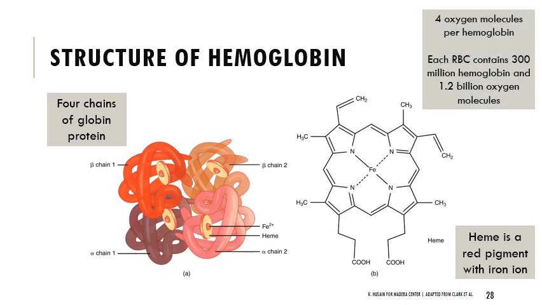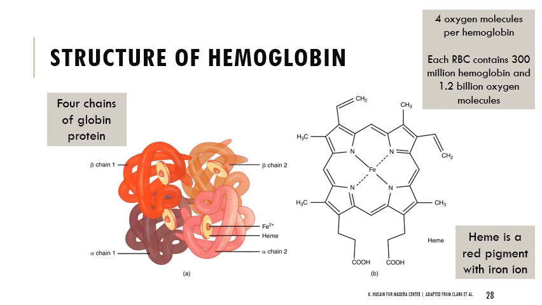Each heme pigment within the hemoglobin protein can carry 1 oxygen molecule, and because there are 4 of them, it can carry 4 oxygen molecules overall. Within each red blood cell, you have about 300 million hemoglobin if it's a healthy red blood cell, as long as you don't have a condition like sickle cell anemia or thalassemia, which lead to problems with hemoglobin.